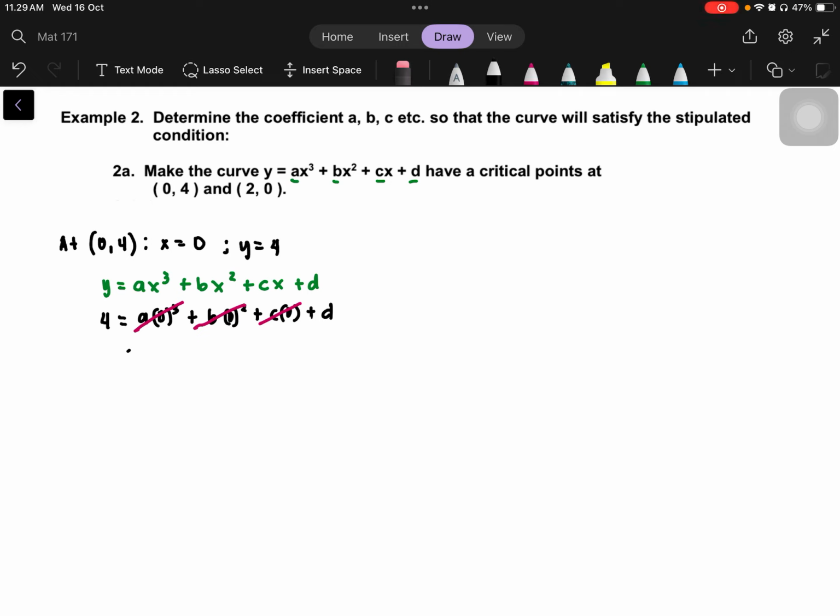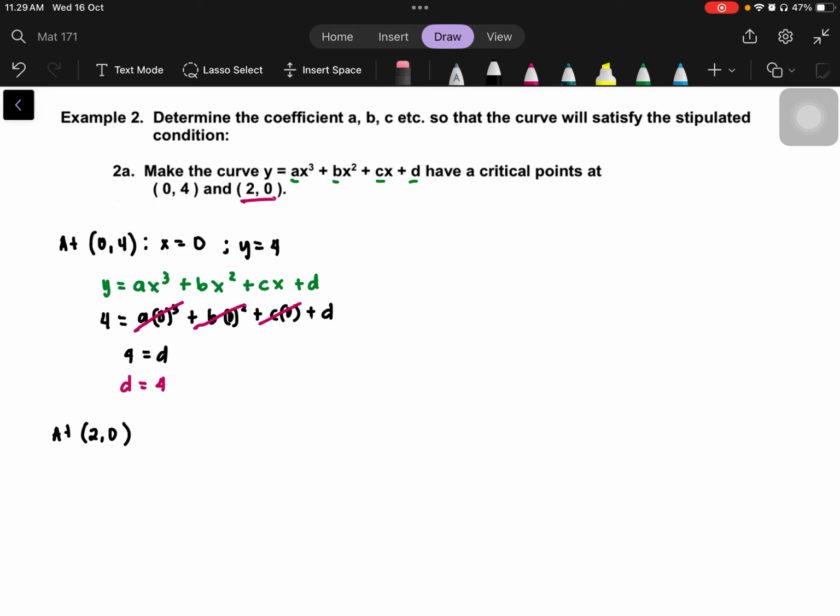So, tanggal, tanggal, tanggal. Ano na lang natira? Ang natira na lang sa atin ay 4 is equal to D. So therefore, we already have one value that D is equal to 4. Okay. Ay, madali lang naman po pala, ma'am. Okay. Try naman natin yung pangalawa naman niya.